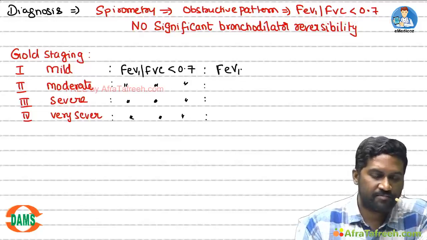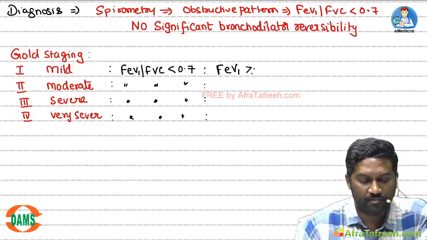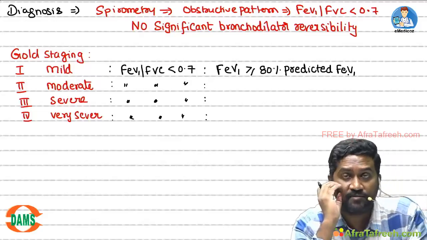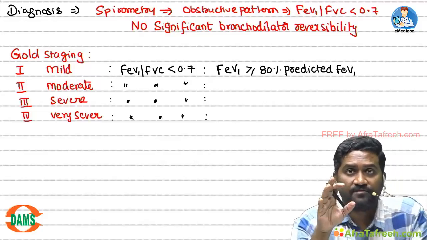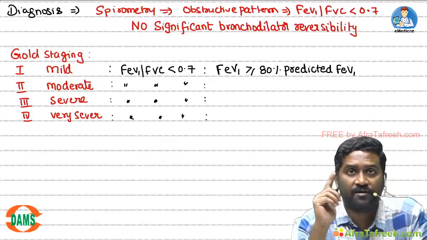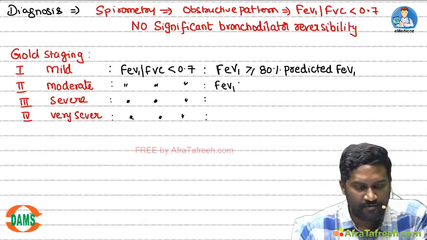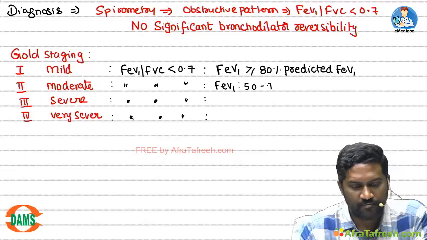In mild disease, patient's FEV1 will be more than or equal to 80% of predicted FEV1 of that given age. It is not 80% of FVC. It is 80% of normal FEV1 of that given age. In stage 2, FEV1 50 to 79% of predicted.